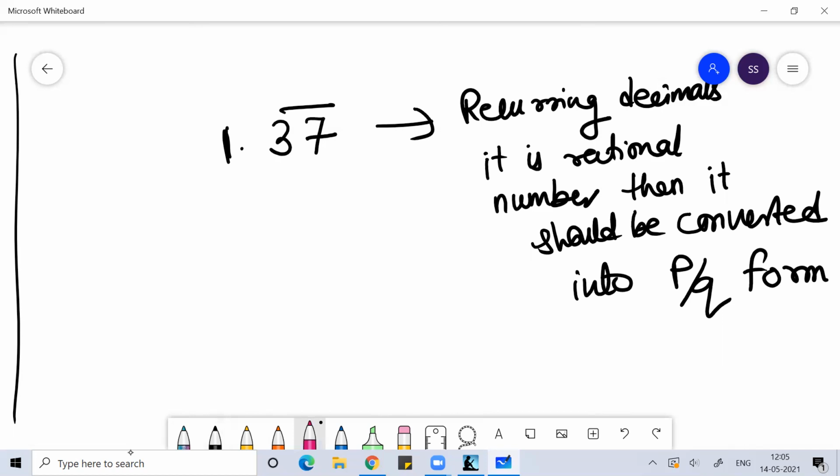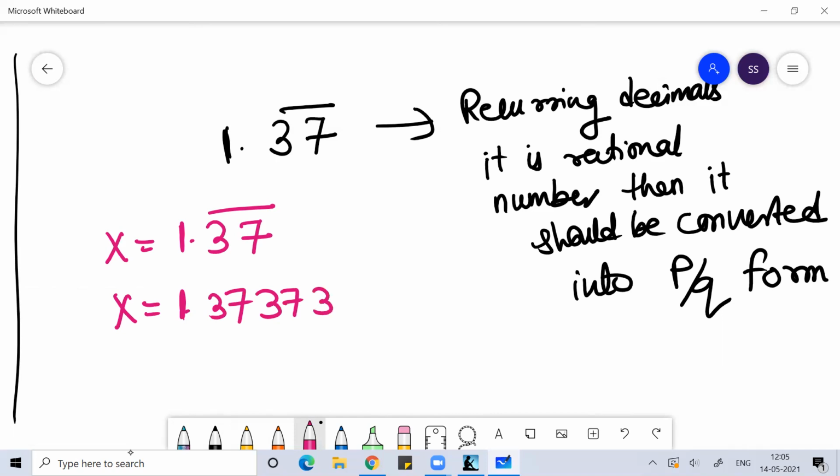You can just assume x is equal to 1.37 recurring. What do you mean by this? x is equal to 1.37373737. Any doubt?